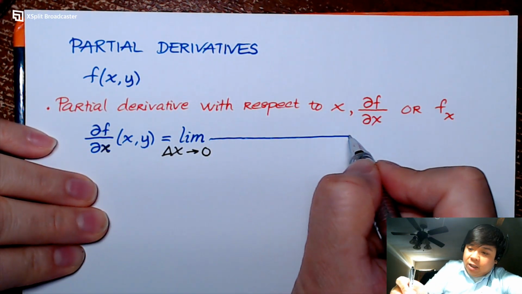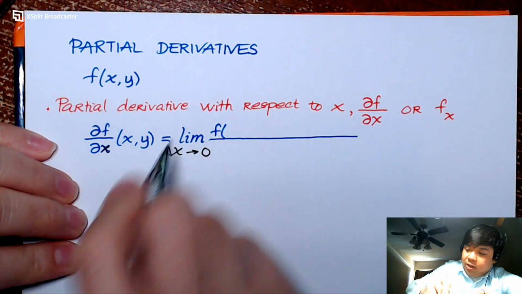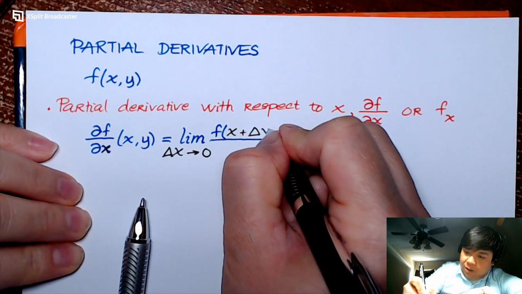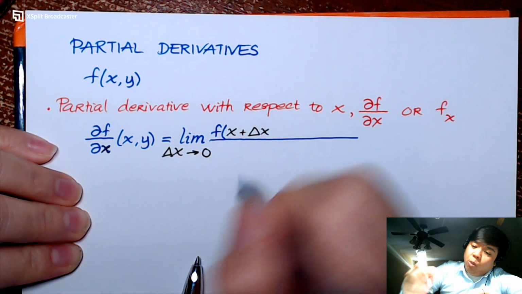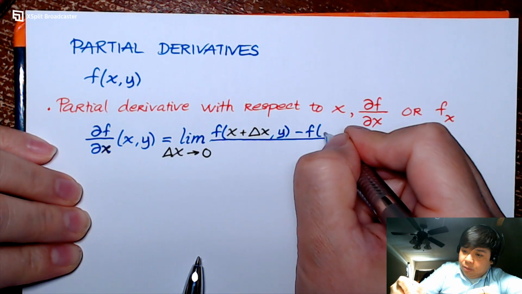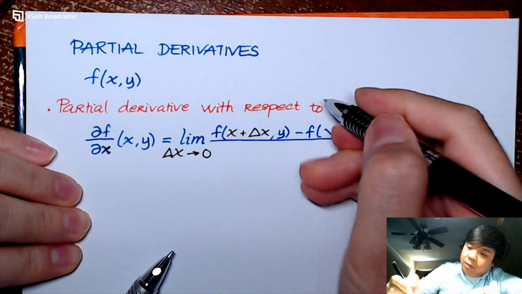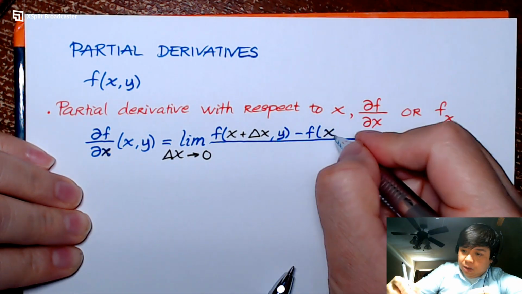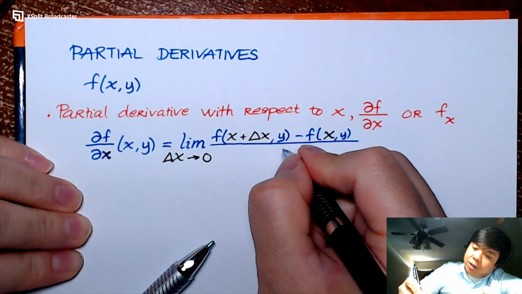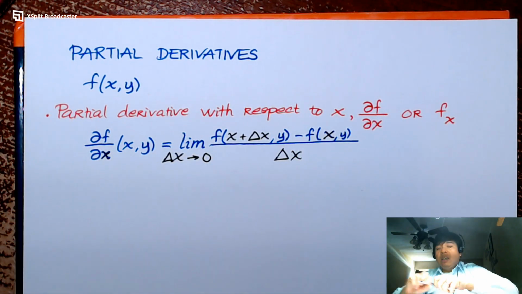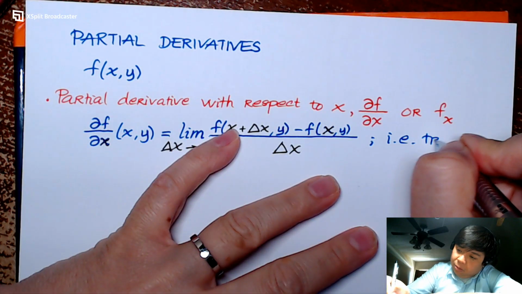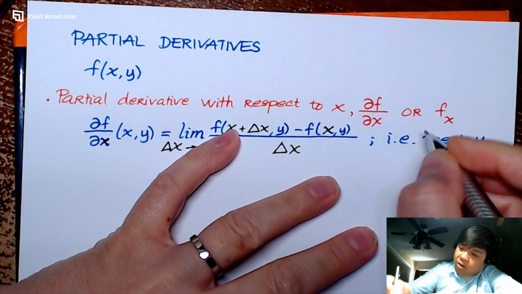To that end, we're going to have f where only the x changes. The y will stay the same. So meaning x is the variable, y is constant. So we treat y as constant.